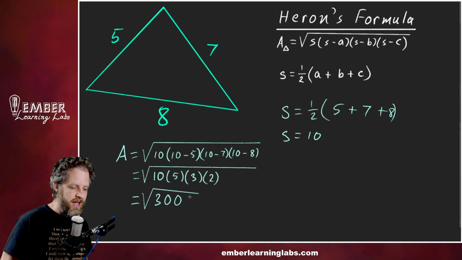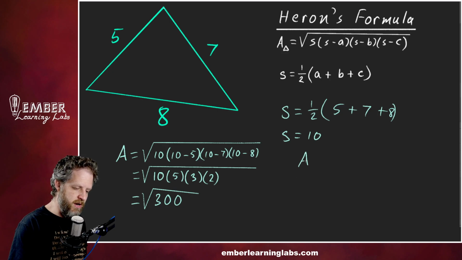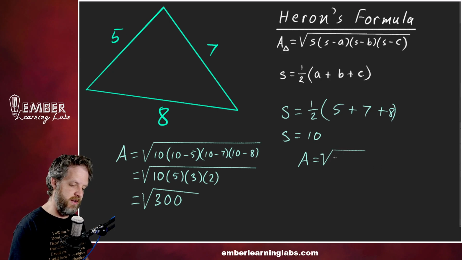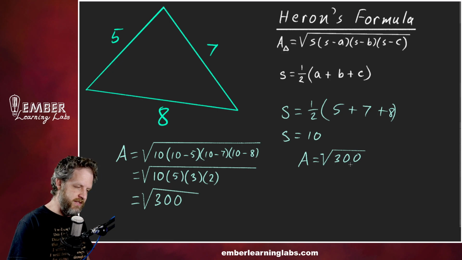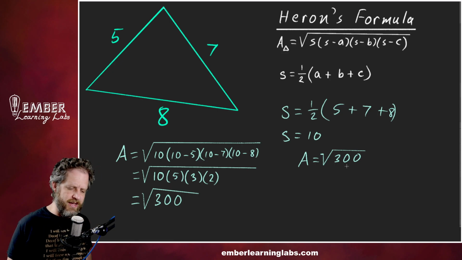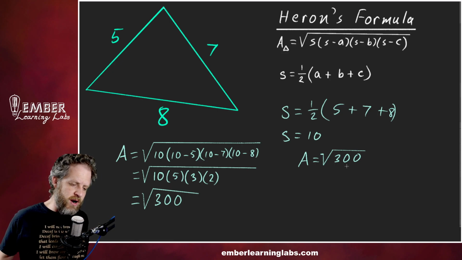Yay. So the area of this triangle, we're going to get in exact terms, and then we're also going to get it in a decimal equivalent. If we want to simplify this radical, because this is pre-cal after all, we can split this up into things that we can find the square root of.